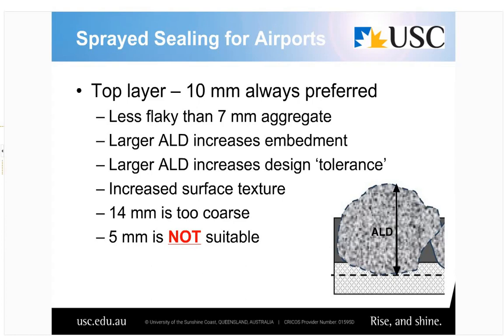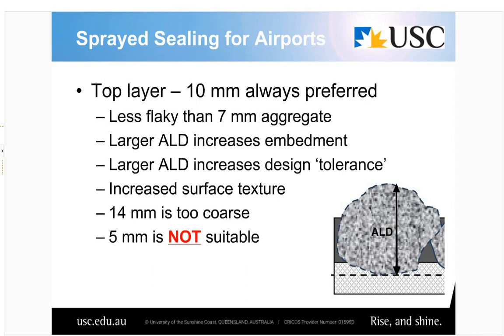Not all the time, but more often it'll come out flaky, which means it's a bit more long and elongated, which makes it much harder to build a really good seal out of. The slightly larger ALD associated with a bigger stone also increases embedment, so reduces the risk of stones coming loose. And it also increases the design tolerance.